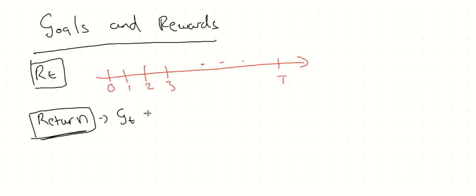This is what we want to maximize, and the return is represented by G_t, right? So G_t is equal to the summation of all rewards, R_{t+1} plus R_{t+2} plus R_{t+3}, all the way up to R_T, capital T, and this is happening at the final time step.